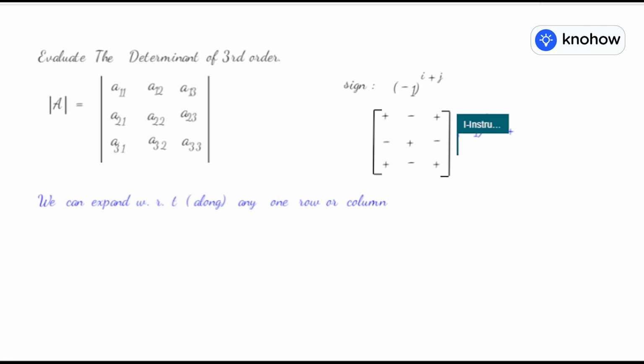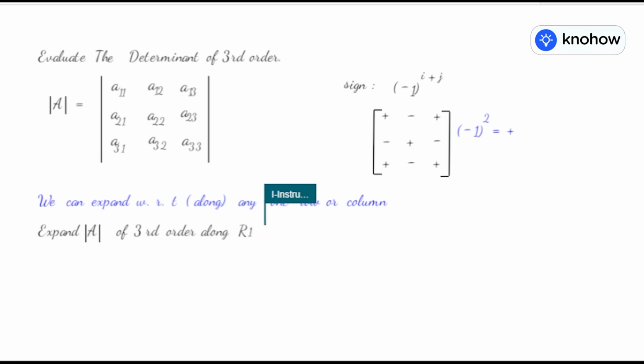Now let me expand it with respect to the first row. Let us expand or evaluate the determinant A of third order along R1.